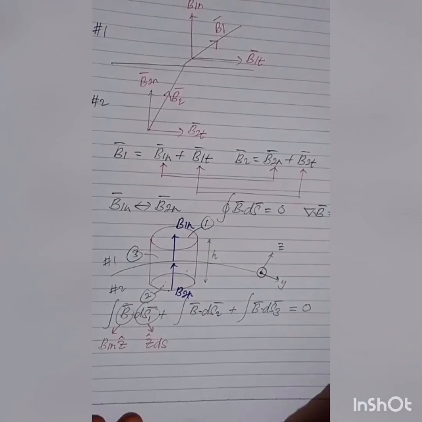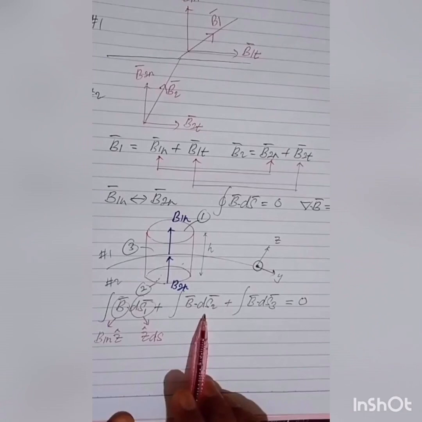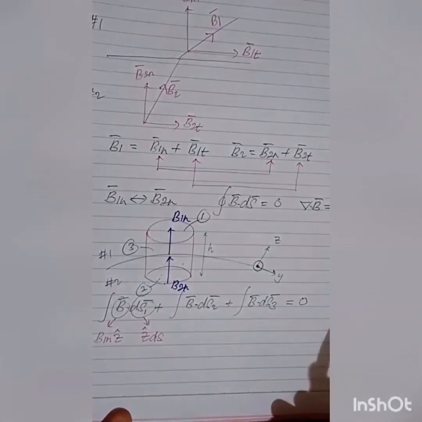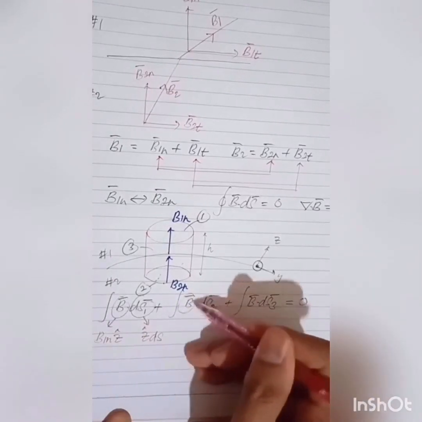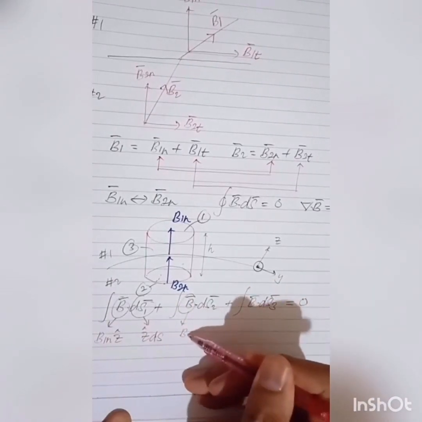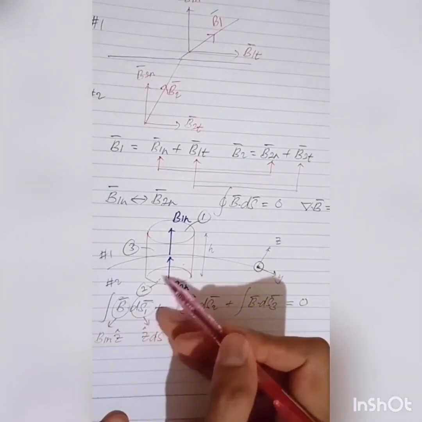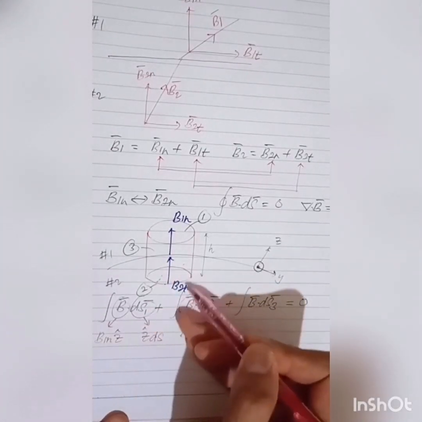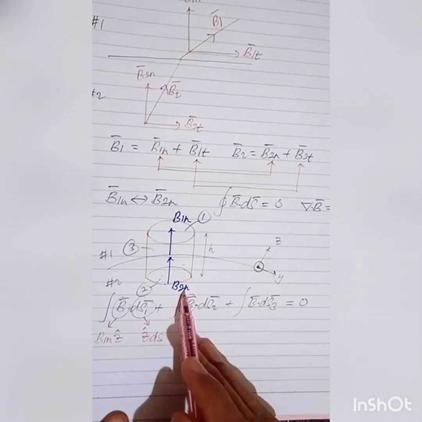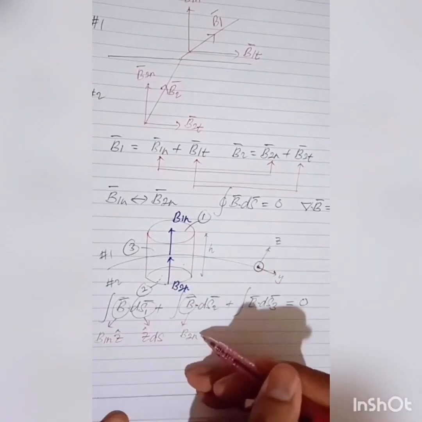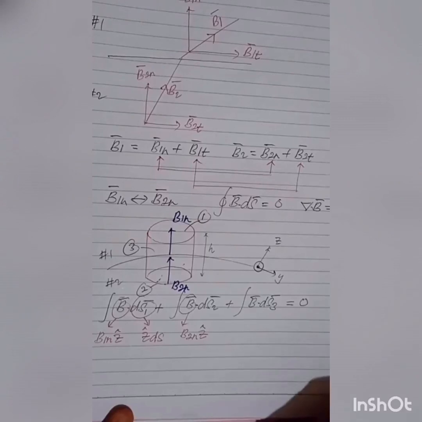Okay guys, so let's look at the next surface over here. Now we are going to look at the bottom surface. If you look carefully, guys, the only B that exists at this bottom surface is B2N, isn't it? So again B2N points in positive Z, so you can simply put here positive Z direction.